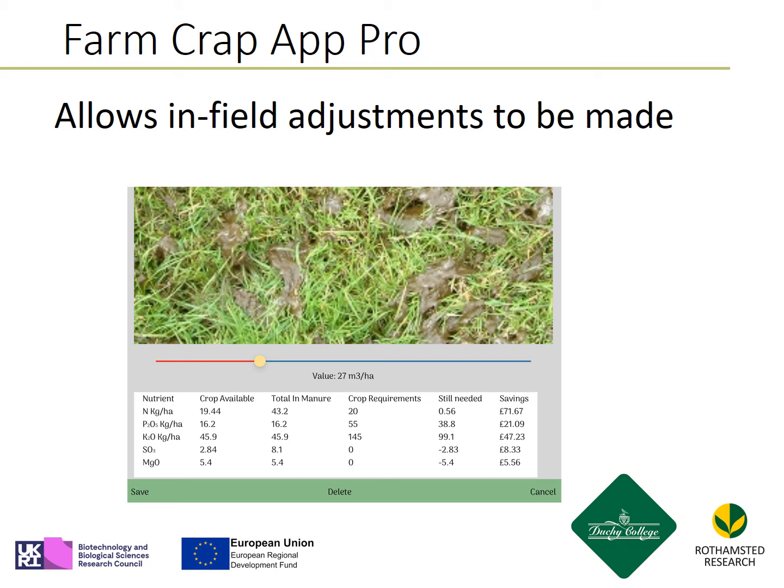You'll also get more in the summer if you apply too much. So the crop app in this case has allowed us to trim back the amount of slurry that's being applied to what the crop requires, and it's also reducing the potential for nitrous oxide release. And like I say, nitrous oxide is a very potent greenhouse gas, which largely comes from agricultural fields.